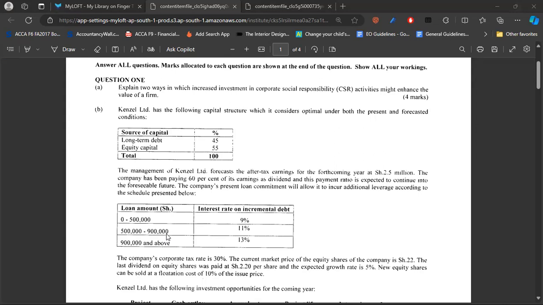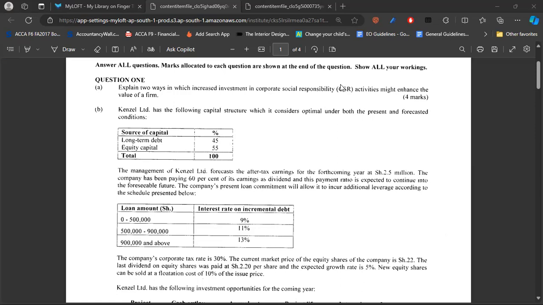Kenzel Limited has the following capital structure, which it considers optimal under both the present and forecasted conditions. Source of capital: long-term debt 45%, equity capital 55%. The total is 100%. The management of Kenzel Limited forecasts the after-tax earnings for the forthcoming year at 2.5 million.